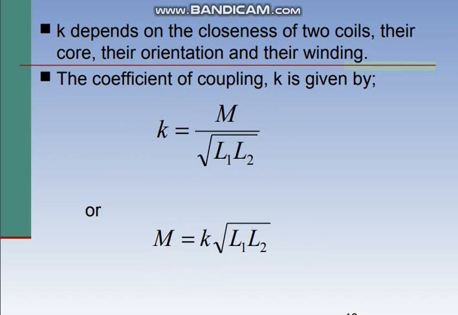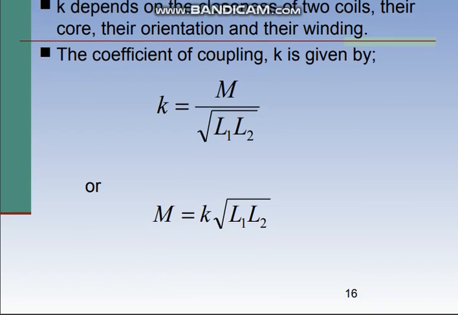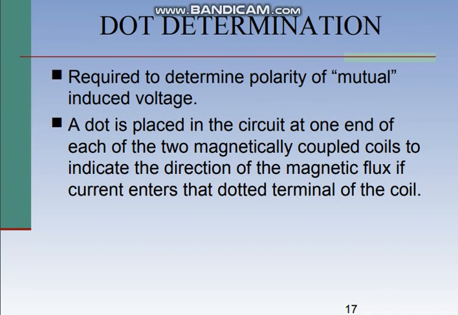From there we can also find out the dot determination. The dot determination is required to determine the polarity of the mutual induced voltage. That means in which polarity the plus and minus are given, a north or south pole has been determined.